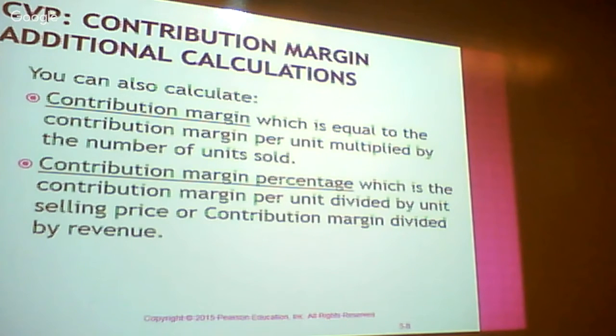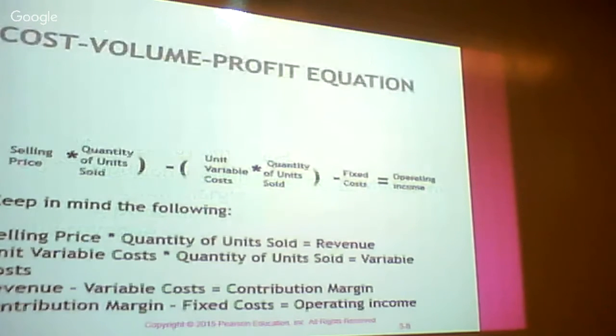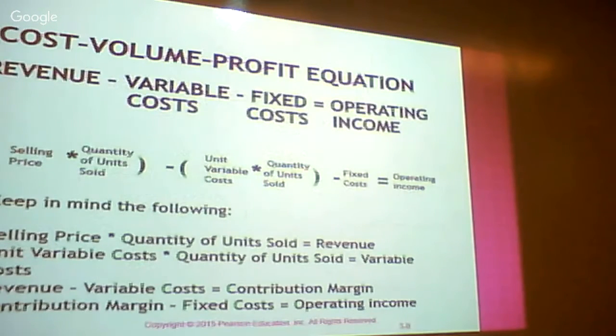All right. So this is a very important equation that you need to know, which you should know because it's kind of what we did in financial accounting, right? A little bit, right? So we have revenues, variable costs, fixed costs, and operating income.